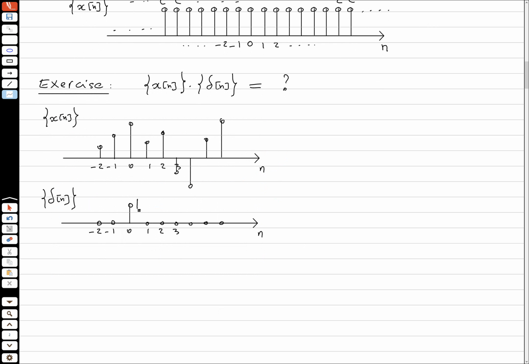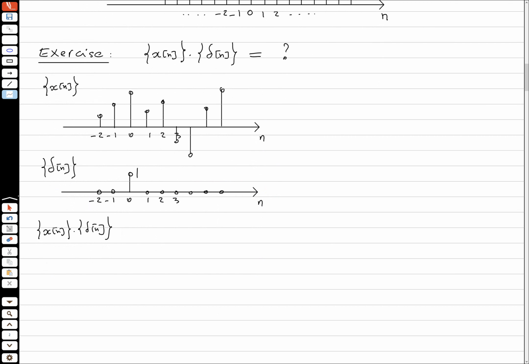So we have 1 here, right? Okay? So now let's plot the multiplication between the two. So what do you get? You get 0 everywhere except at 0. But at 0 you don't get 0.